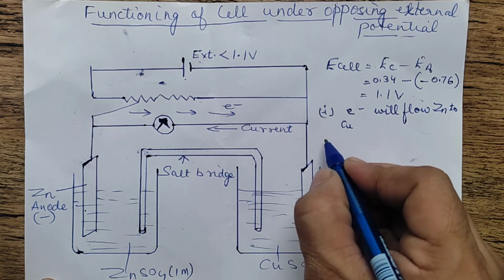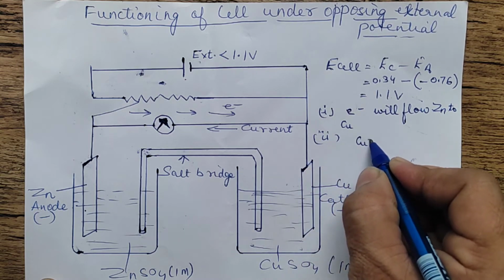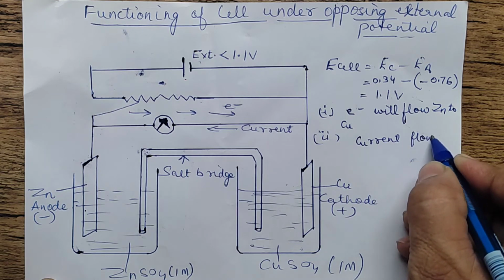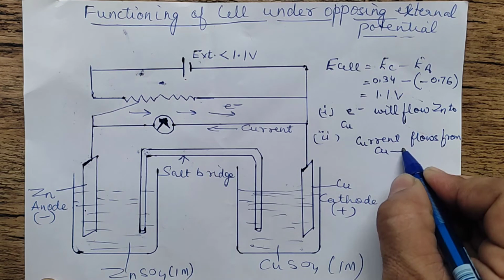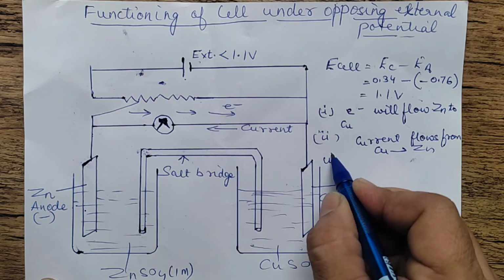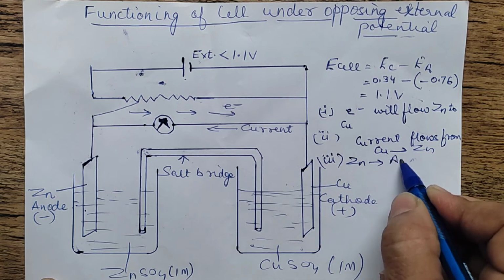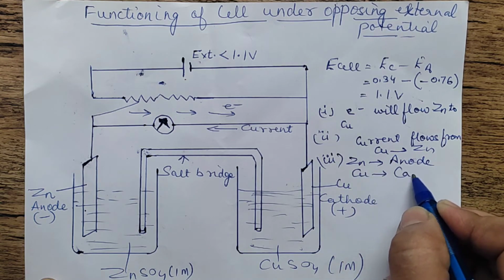First point. Second point, current flows in the opposite direction, from copper to zinc. It is reverse. Third point, zinc rod is acting as the anode and copper is acting as cathode.